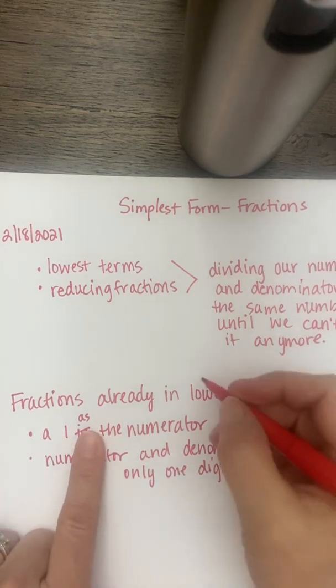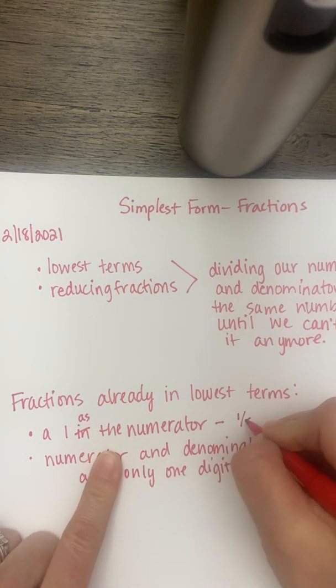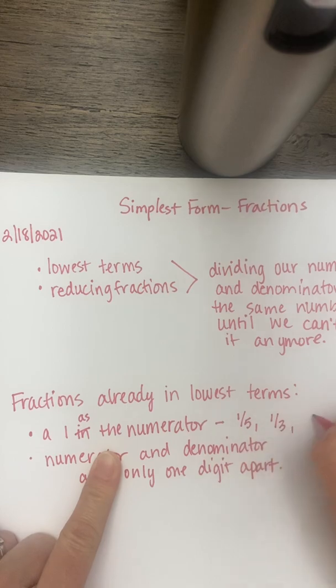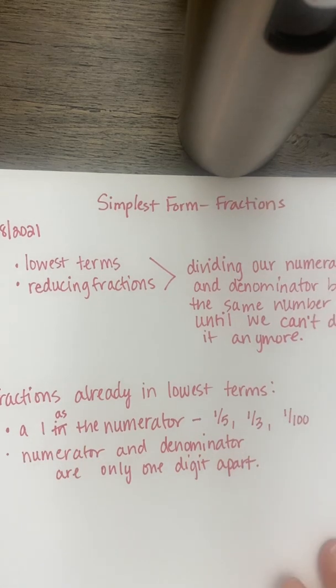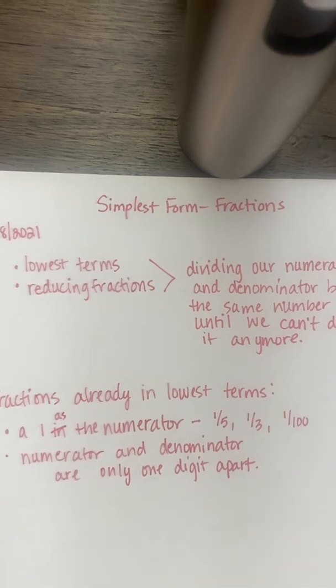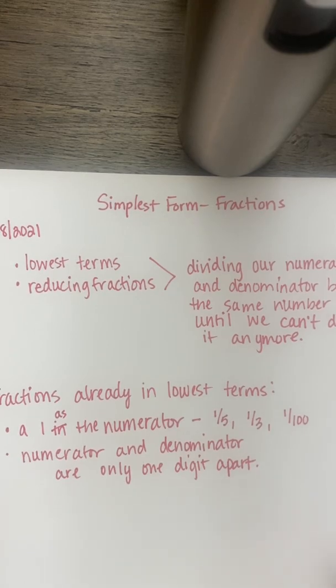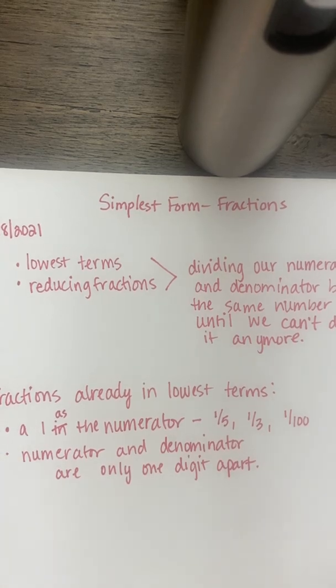So the first one in an example might be 1/5, 1/3, 1/100th. If 1 is the numerator, we know the only factor for 1 is 1. So there's no reason that we would divide the numerator and denominator by 1. That would give us the same fraction.